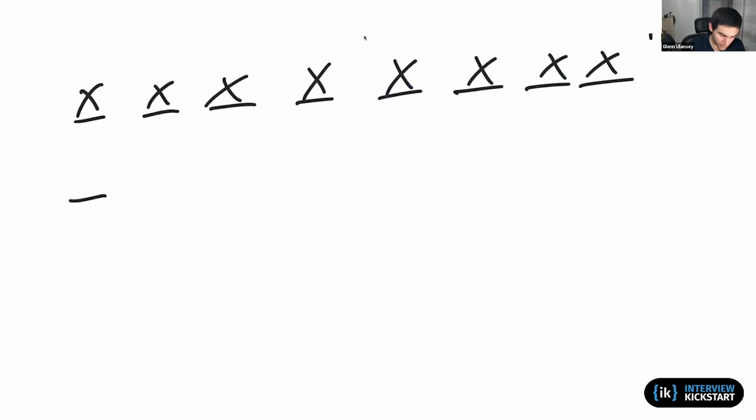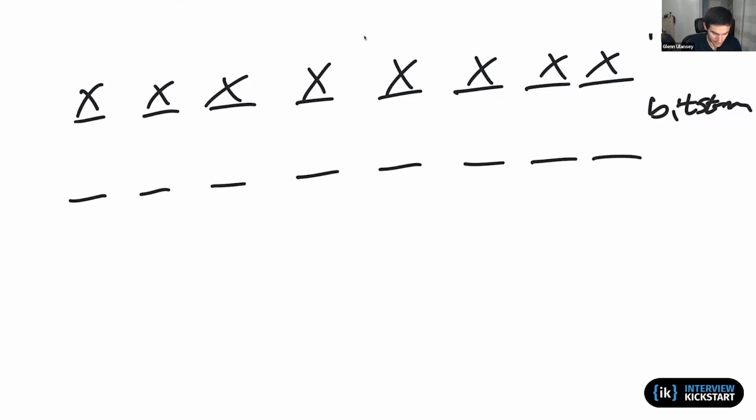And then let's also say that we have our bit stream down here, and we're storing it at the moment in 8 bytes as well. It is some arbitrary series of bits. So what we can do is check: does this first byte of my pattern match the first byte of my bit stream?